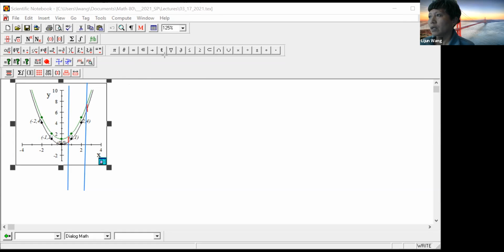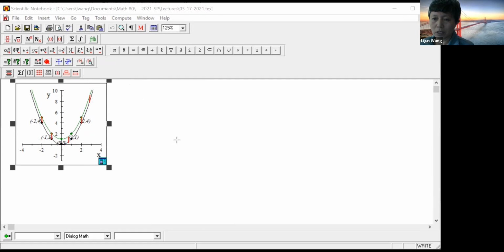Actually, let me erase all of that. There's a shift. Do you guys see that vertical shift? What do you think that vertical shift is? How much is it? 1 unit.